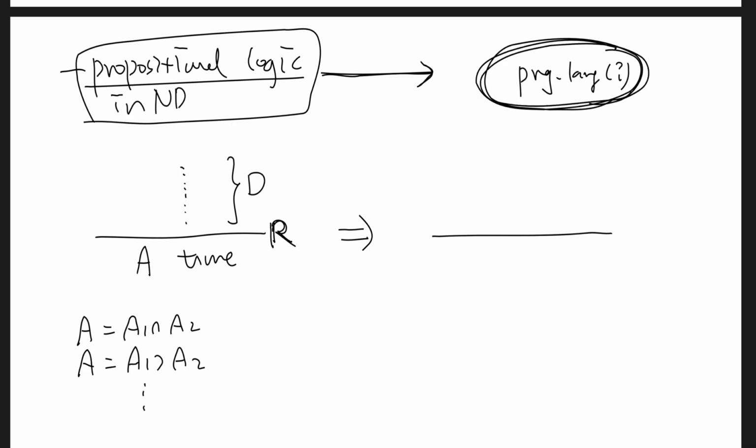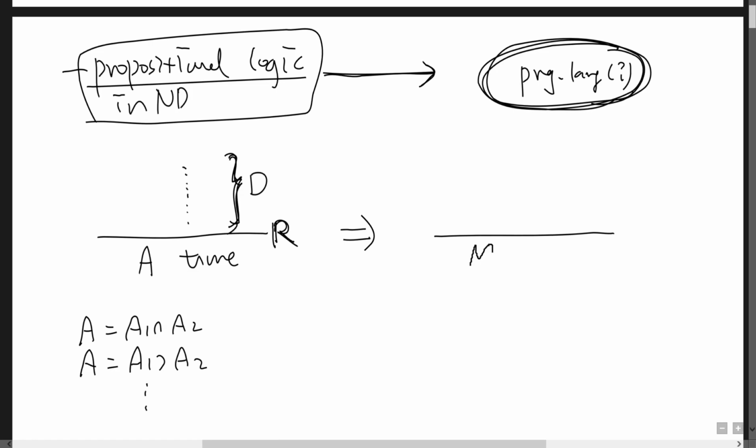The idea is that we represent the whole proof D here using a program M. In other words, the derivation tree or the proof in the premise will be represented as a single program, and we will call this a proof term.